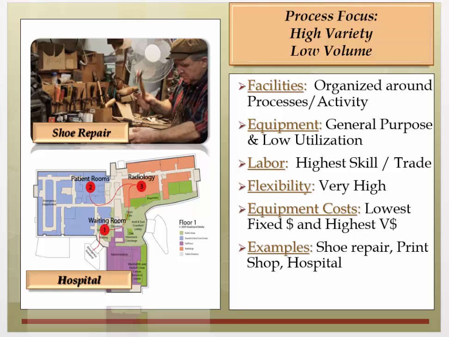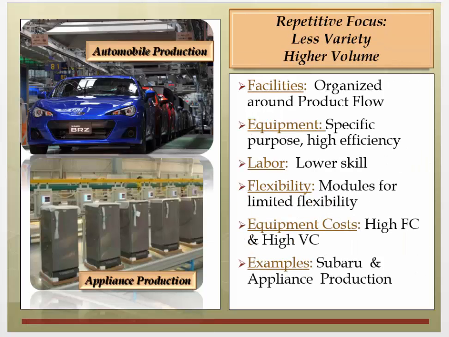All right, and then the next one we want to talk about here is the repetitive focus. So this one is like the Subaru car, and remember I told you it's in batches that we make this stuff. So the facilities are organized around this product flow. So the product is flowing through the facility. The equipment is specific and high efficiency, so really specific. It really can only produce one thing.